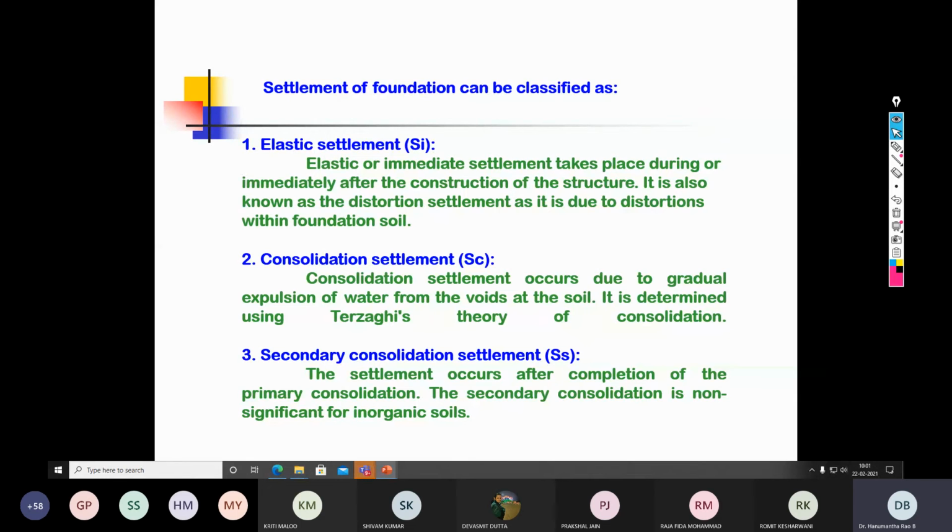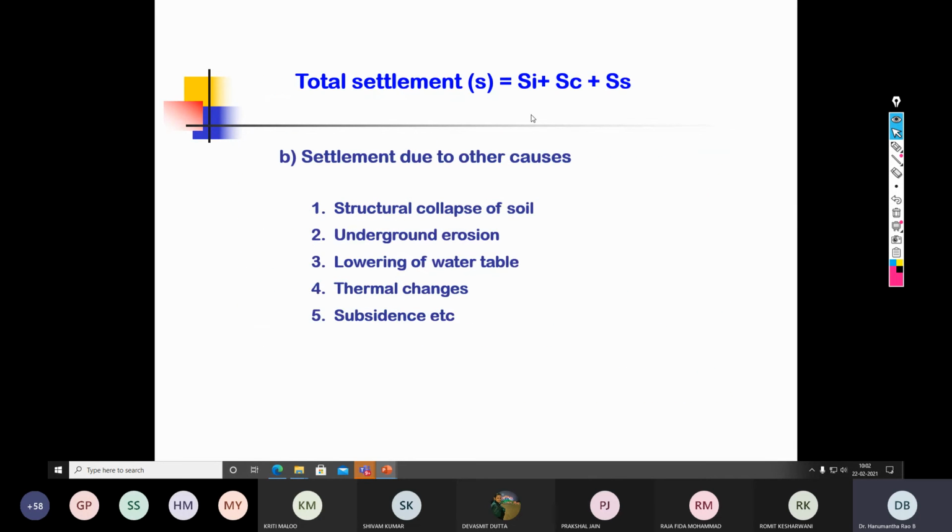However, consolidation settlements are time bound. They can occur over a longer period, like 1 year, 2 years, 3 years, 4 years, 5 years, and so on. So this is the total settlement. Your total settlement is nothing but immediate settlement plus consolidation settlement plus the secondary settlement.